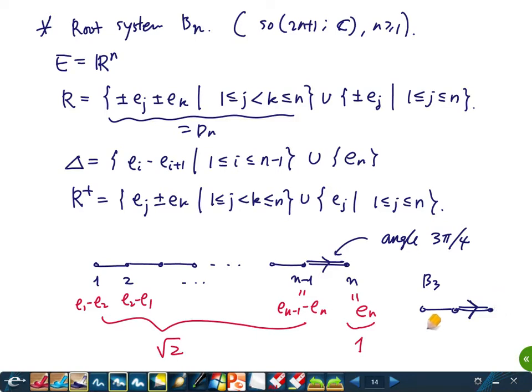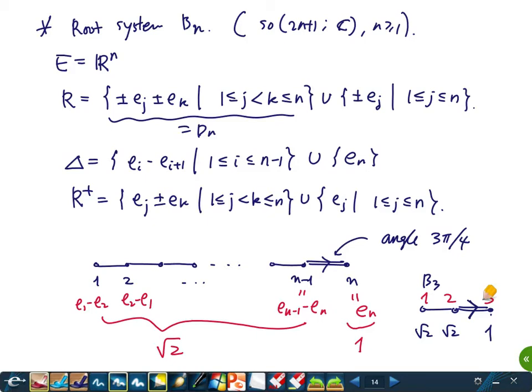So we have two vectors of length square root of 2 and one vector of length 1. Here you can see these white dots. If you focus on these white dots, we have two vectors of length square root of 2 and one vector of length 1. We want to name them 1, 2, 3. How can you pick 1, 2, 3? This has to be 3, right? Because that's the only vector with length 1.